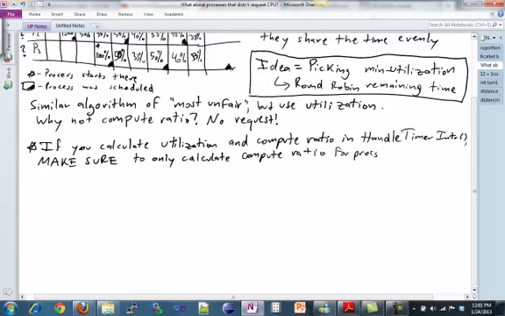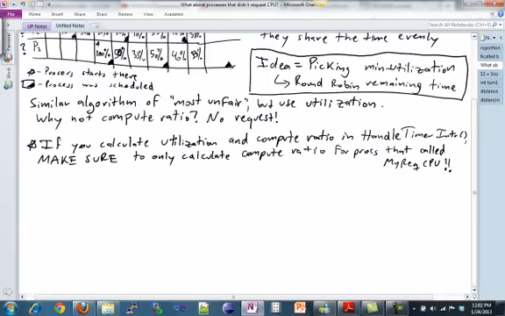Because otherwise you'll be dividing by 0, because the request will be 0. So procs that called my request CPU. And that's really important. Okay, and we'll look at how to differentiate those right now.